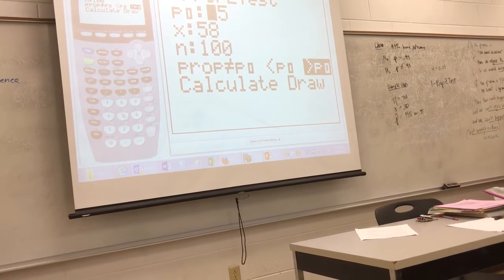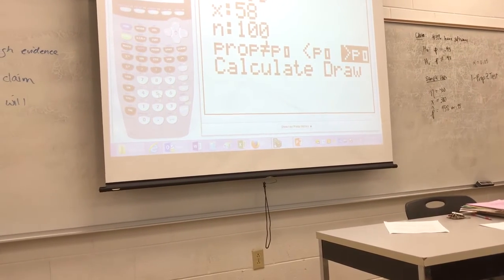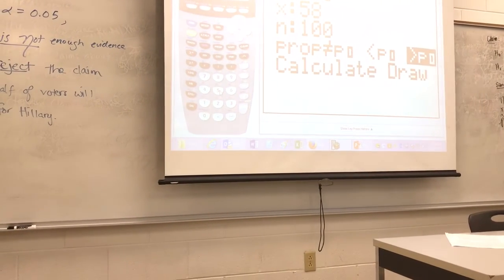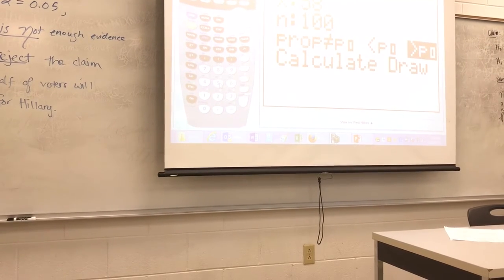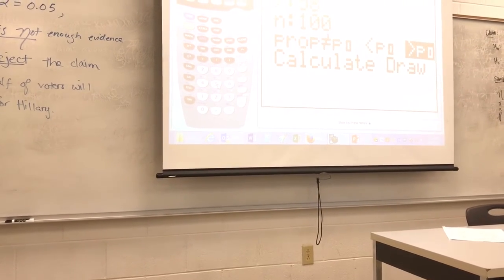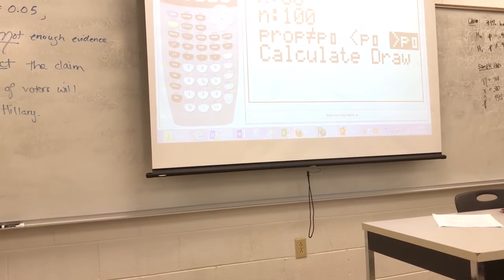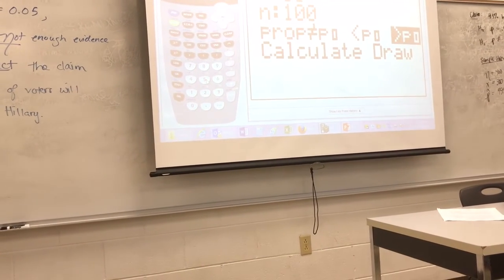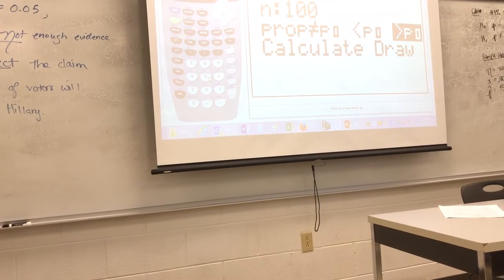So P sub 0 in this case is what? That's alpha. 0.93. Right, P sub 0 is the hypothesized proportion in the null hypothesis, but it's also the number in your claim. 0.93.